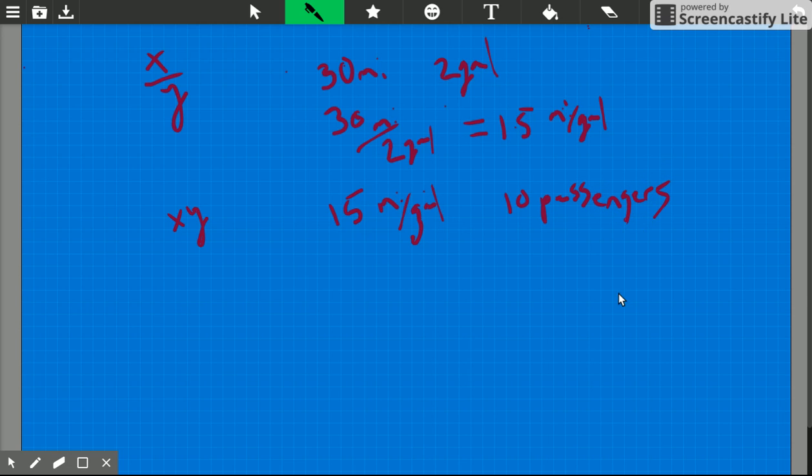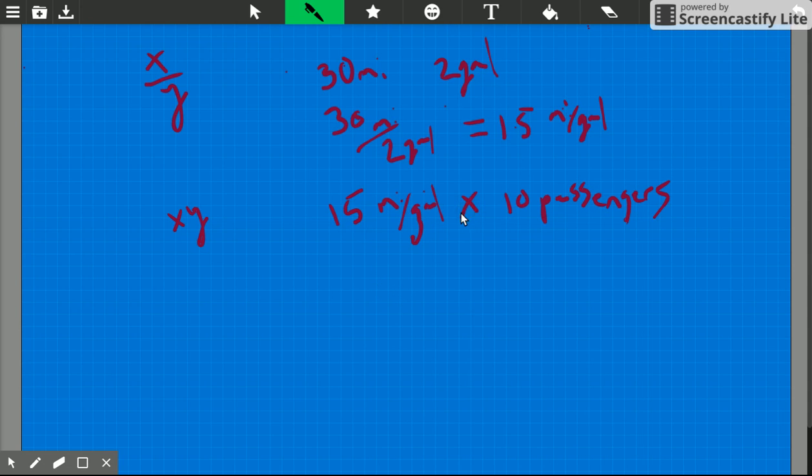So 10 passengers. Okay. Well, one way to calculate a measure of how much carrying the bus can do is to multiply these numbers. You don't need to worry about that too much. I'm really just focused on what we do with the units when we multiply and divide numbers. But let's say we want to multiply the number 15 miles per gallon by 10 passengers.